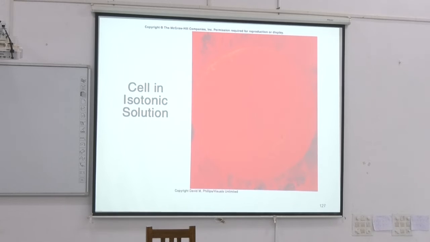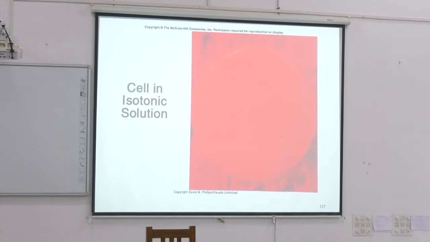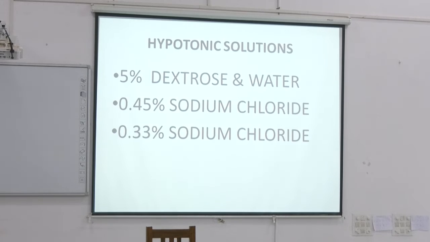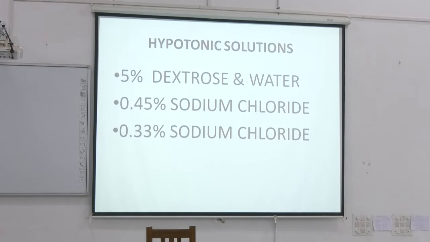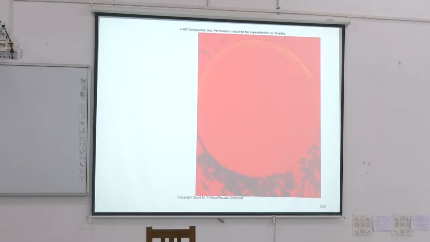Now you see the figure. A cell in isotonic solution is in normal shape, but when we provide a cell in hypotonic solution, that is 5% dextrose in water, 0.45% sodium chloride, 0.33% sodium chloride solution, it swells because of the process of which one? Yes, endosmosis.